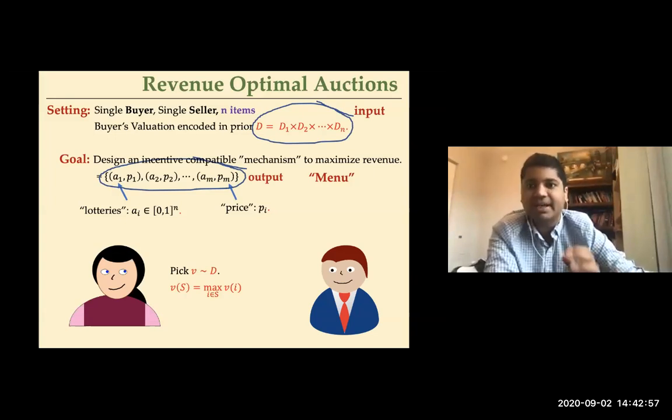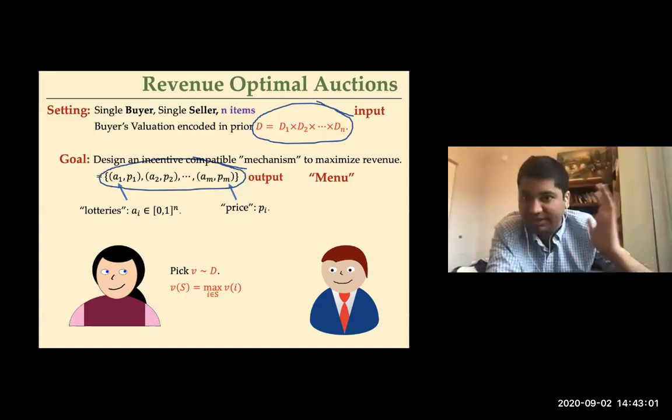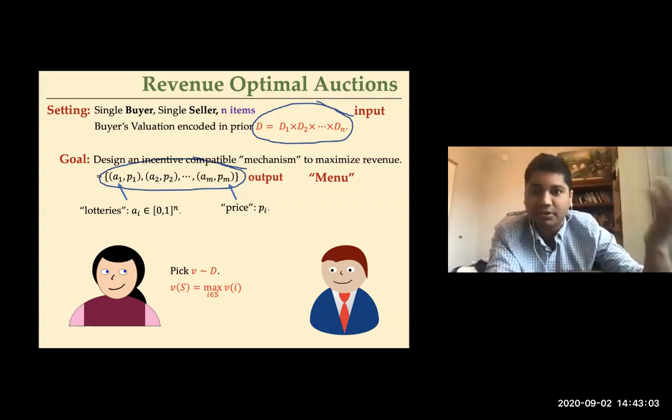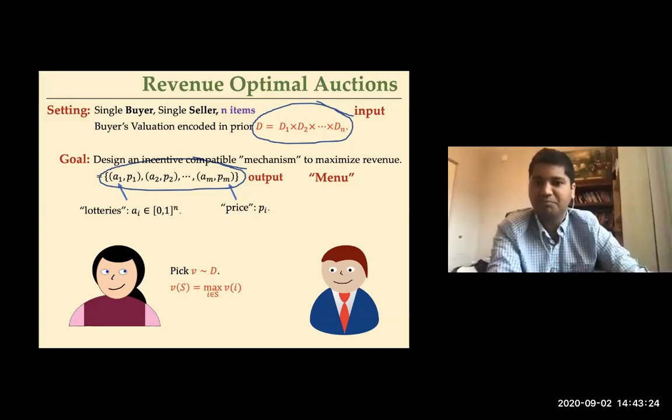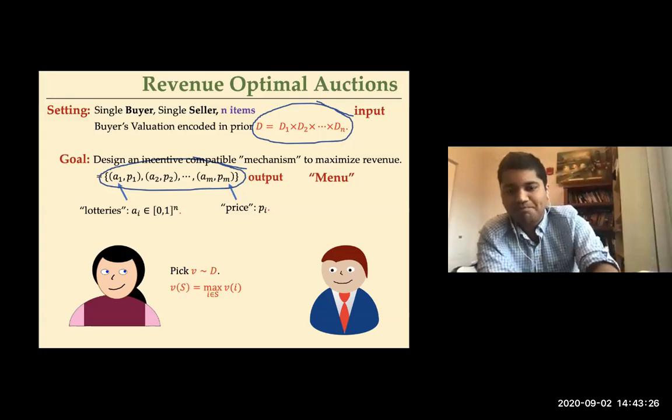So at least there is some reasonable way to describe the input distribution, which we assume is always known. The seller is going to decide on the mechanism based on the knowledge of this distribution. The output of this mechanism has to be this list of potential allocations and prices, okay? And just as before, we are trying to design a mechanism, meaning choose a list of these allocations and prices, that maximize the seller's revenue.